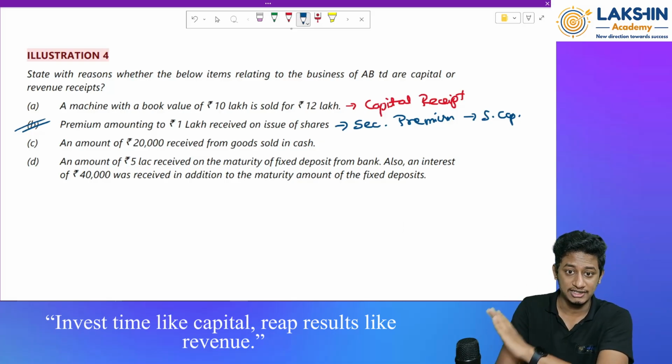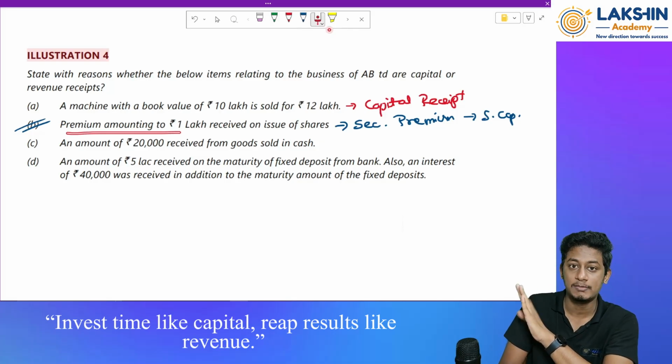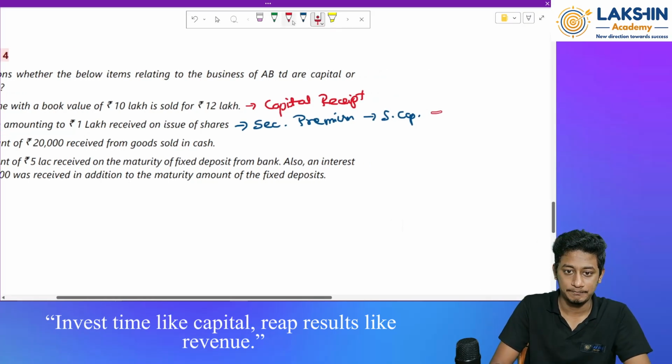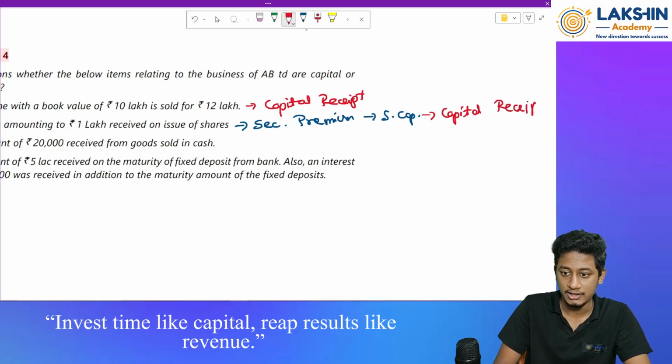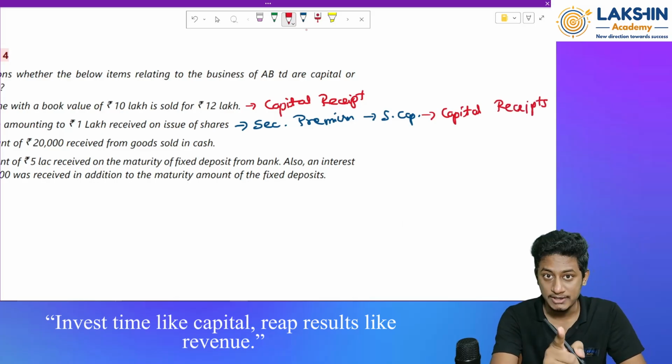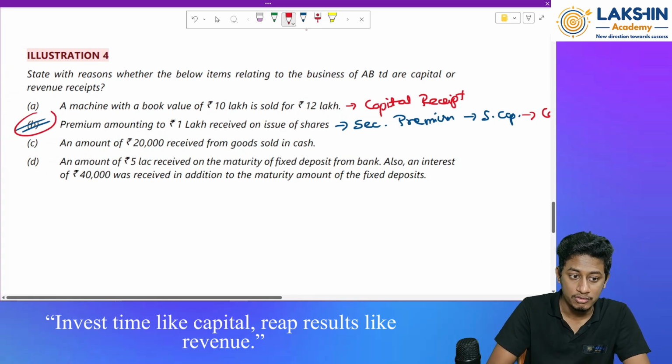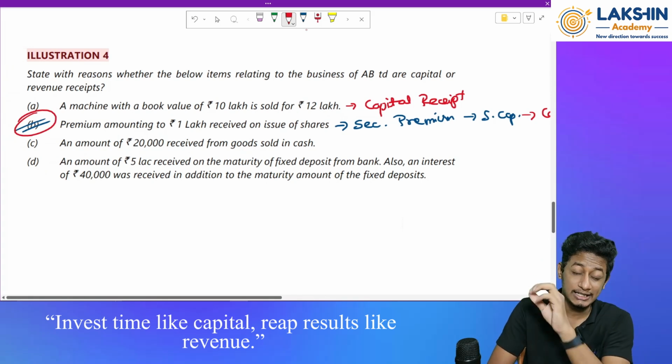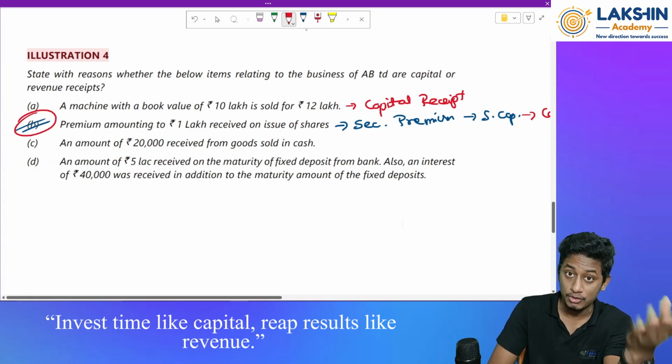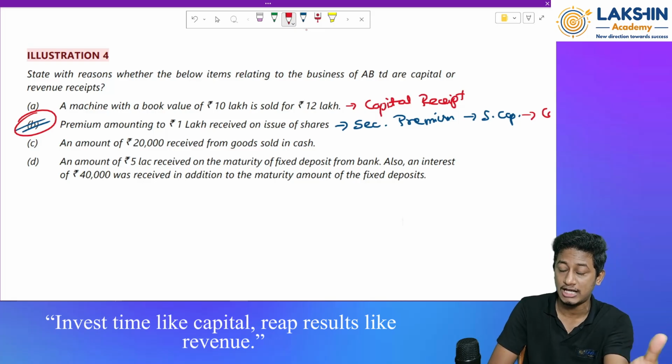Once you have that clarity, you will directly tell me that this is a capital receipt. The logic is taught in the company's accounts, so please keep this on hold for now, and you will come to know why it is a capital receipt.